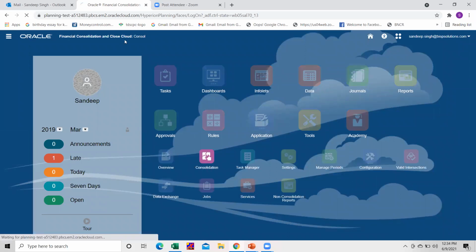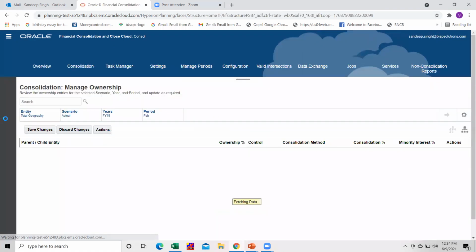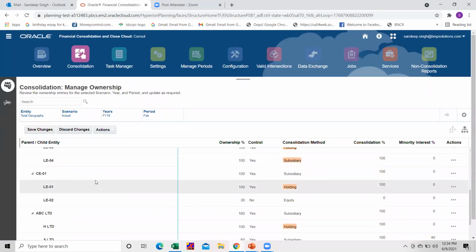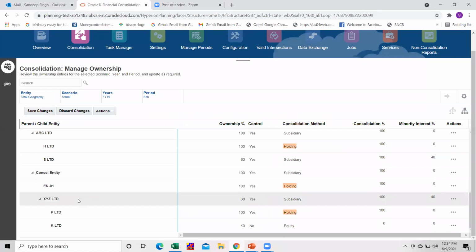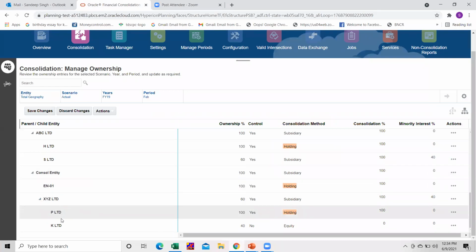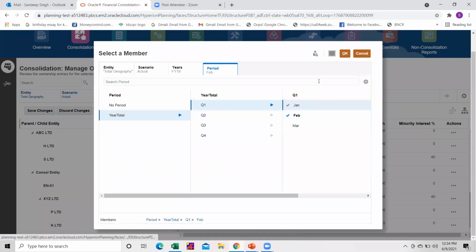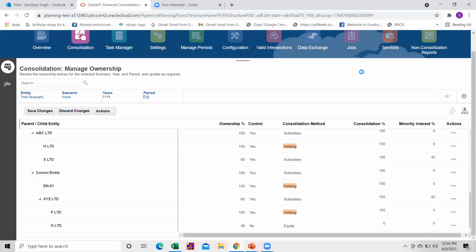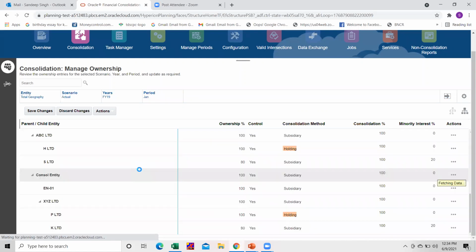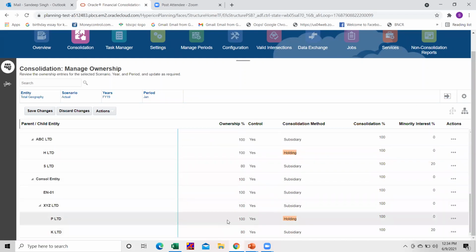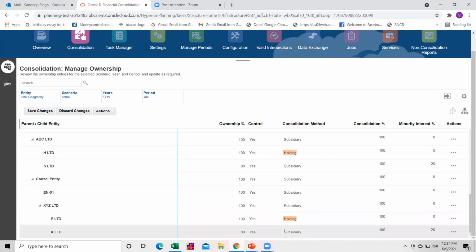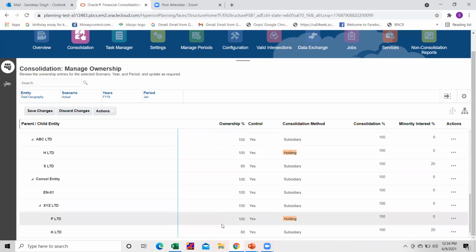Under the consolidation, if I go into Manage Ownership, you can see that we have two entities under the parent XYZ, P Limited and K Limited. This is for period Feb. Let's change to period Jan. You see in the first month, the subsidiary method of consolidation is assigned and the ownership percentage is 80%.